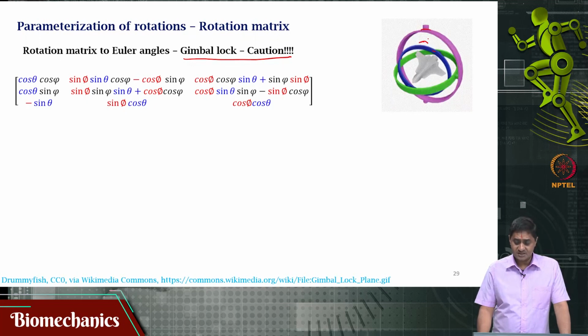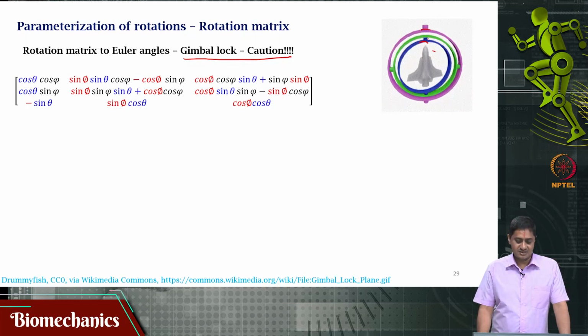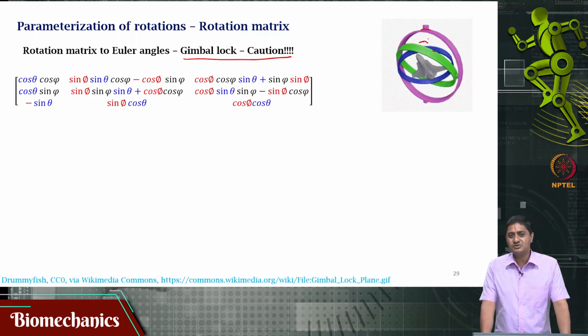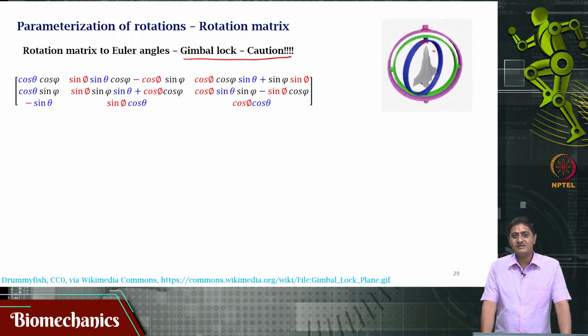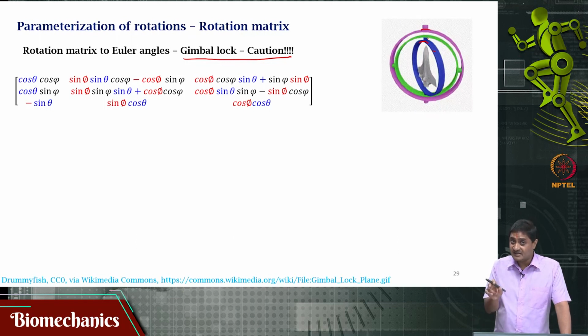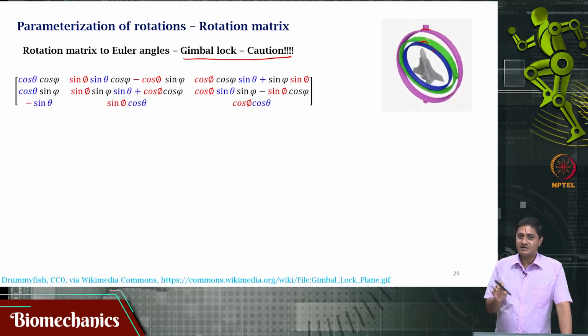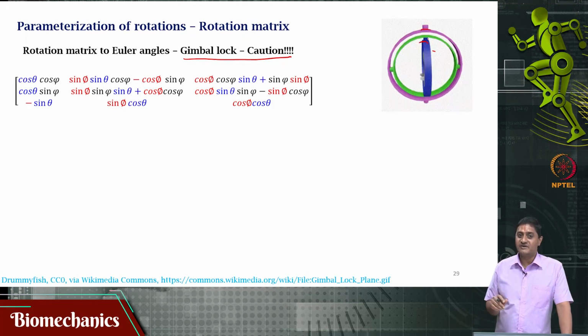So when you do this, you need to be a little cautious about the conversion from rotation matrix to Euler angles. This is an issue that comes only when you are dealing with Euler angles, something to keep in mind. When this Gimbal lock happens, there is some uncertainty or ambiguity about the way you represent data.